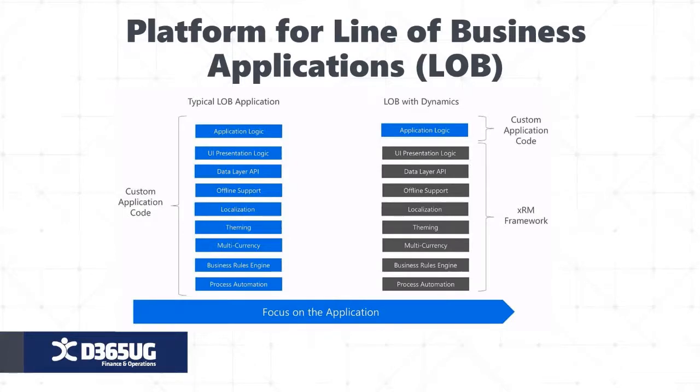And that allows building entirely new applications, where entirely new means completely unrelated to typical CRM functionality. This slide shows the advantage of using the XRM framework to build line of business applications, because it allows dev teams to focus straight on application logic, because everything else is already done and implemented in the platform.